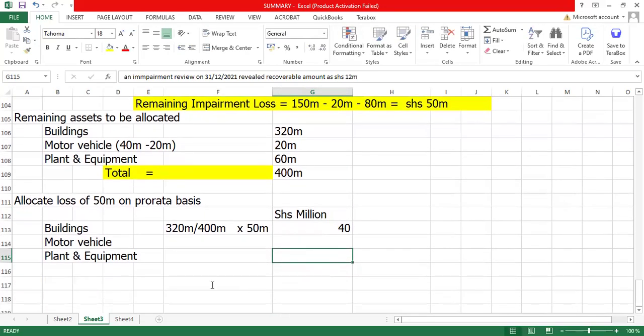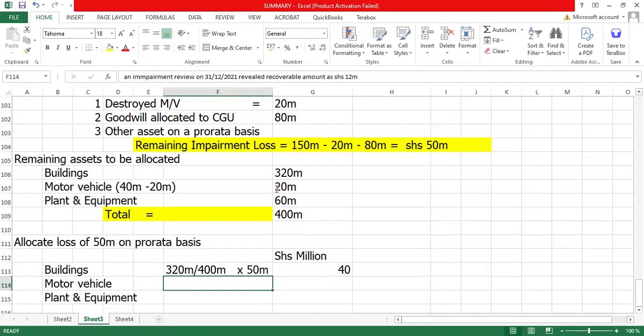You do the same for the vehicle. This 20 million over the 400 million, then times 50. What do you get?